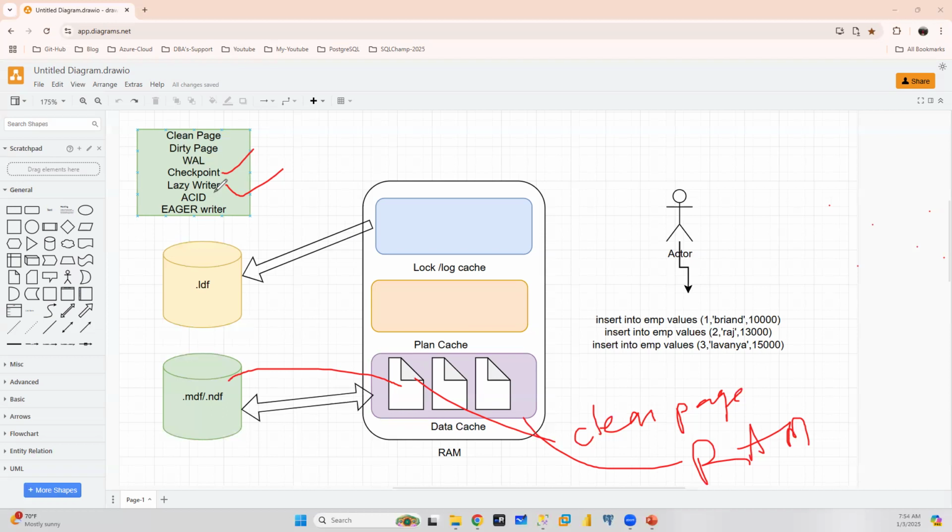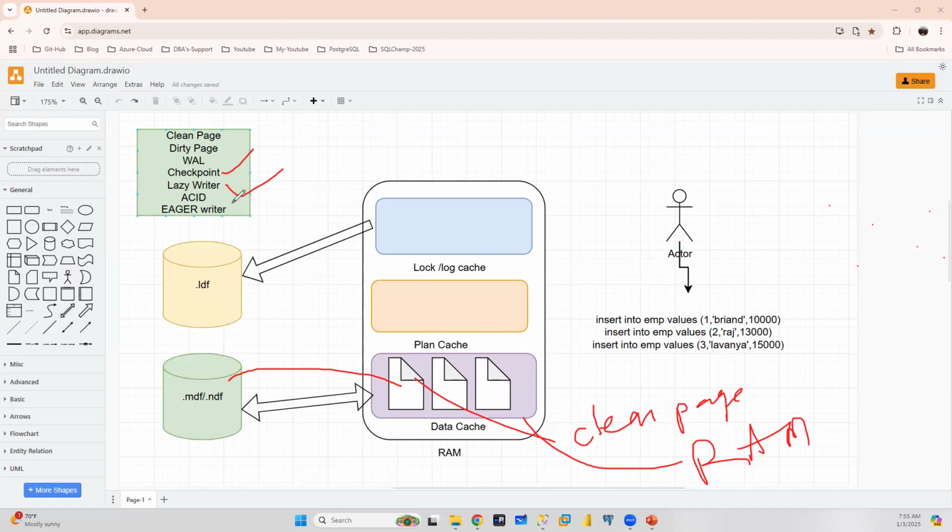When RAM is getting full, don't say that it is at this percentage or that percentage. Just to understand, the lazy writer triggers frequently in the background, as the checkpoint does, because lazy writer's job is to keep RAM always healthy. It needs to trigger frequently; otherwise your RAM will get full like anything.